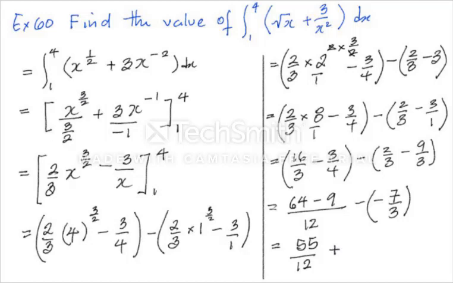That would be 7 over 3, which is the same as saying 28 over 12. So my final answer would be 83 over 12. All right.